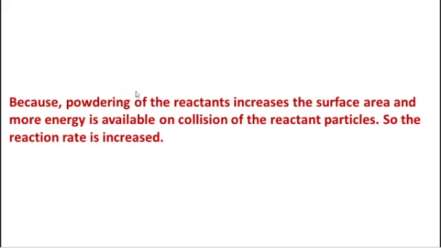The rate is increased in the powder form because powdering of the reactants increases the surface area and more energy is available on collision of the reactant particles. So the reaction rate is increased.